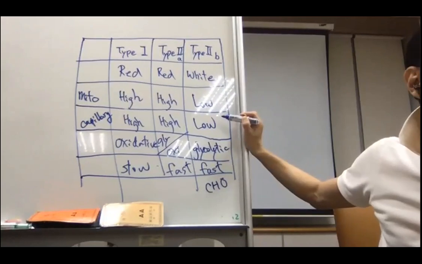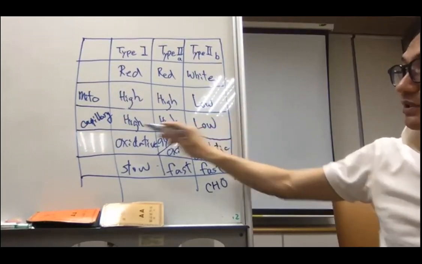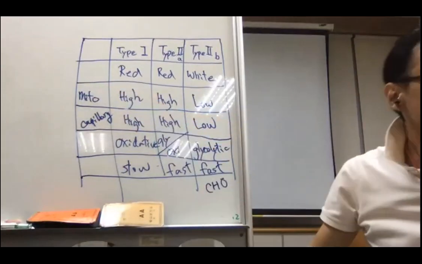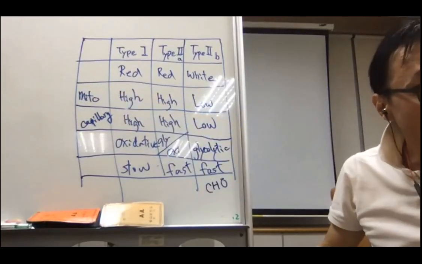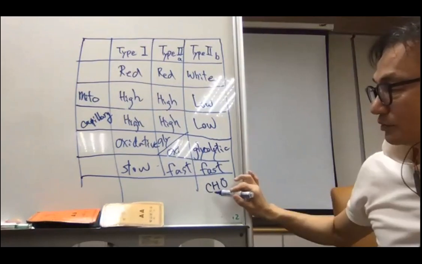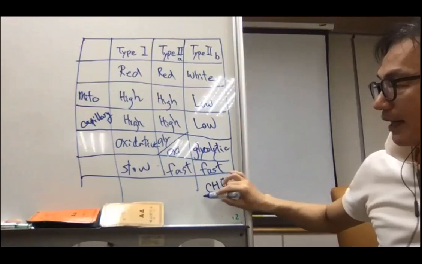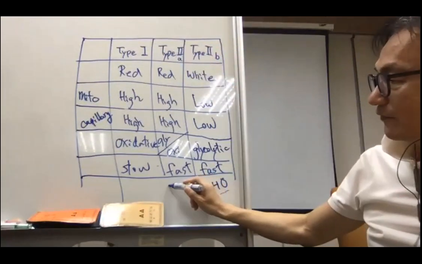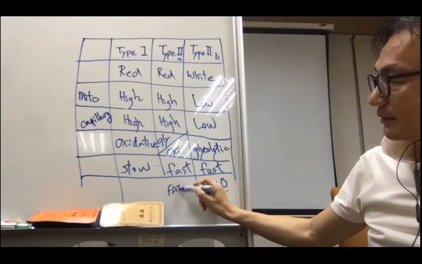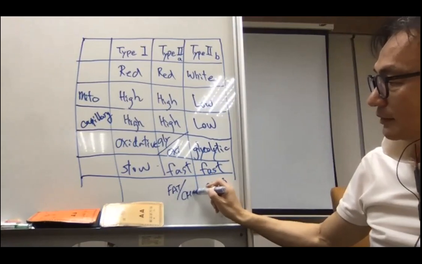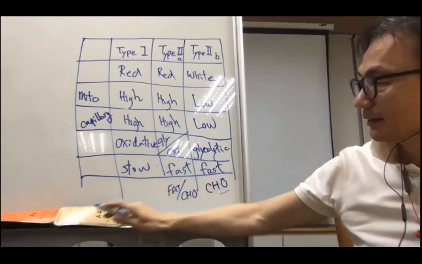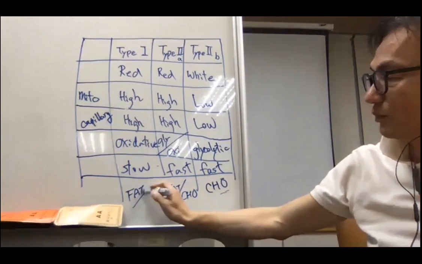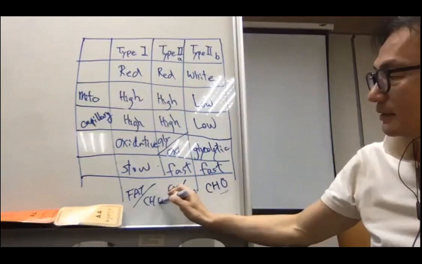So with no supply of oxygen and not much mitochondria to do oxidative metabolism, you are going to rely mostly on carbohydrate. How about this? Then you have fat and carbohydrate, right? And here, even more fat, and carbohydrate.